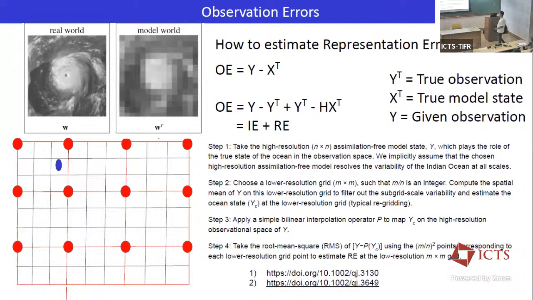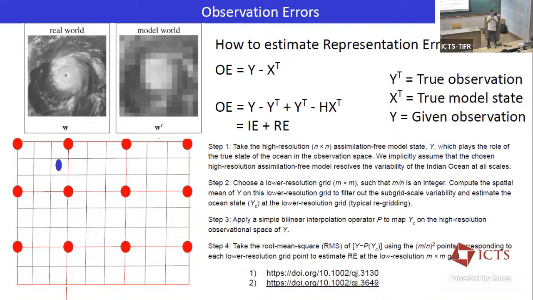Now from this high resolution, I am going to estimate my model at these low resolution grid points. So I have a high resolution mesh, and at each of these mesh points I know what my model estimates are. Everybody with me? Next, I am going to choose a low resolution mesh like this.